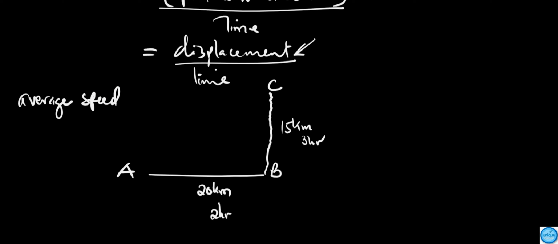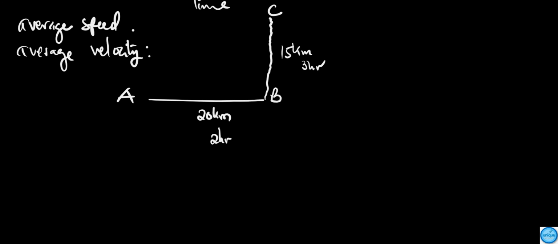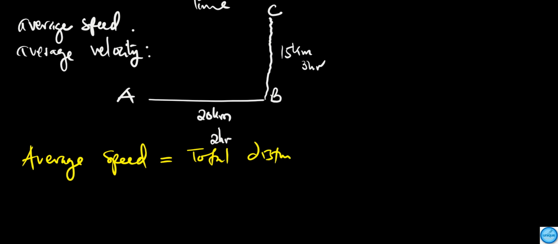To find average speed, and also average velocity, what we need to do: average speed is given by total distance covered over total time taken. So average speed is equal to total distance divided by total time taken.